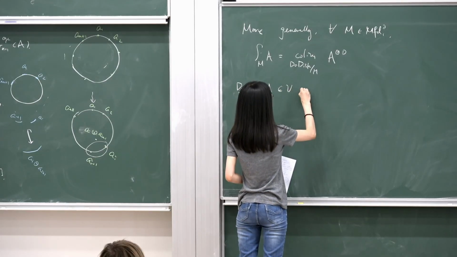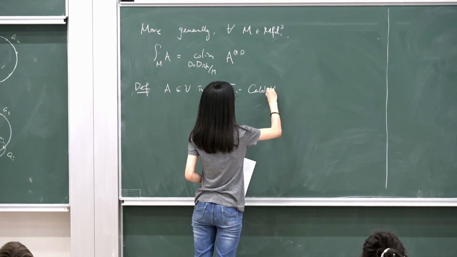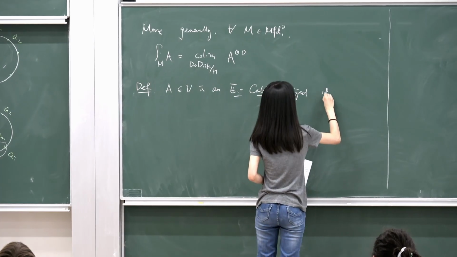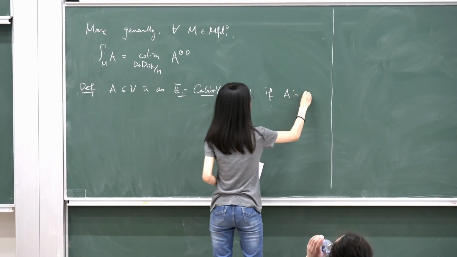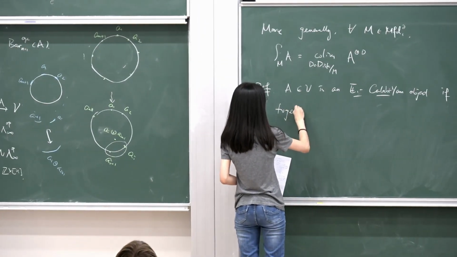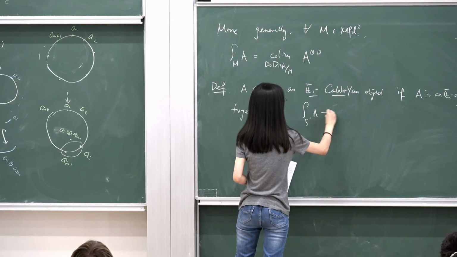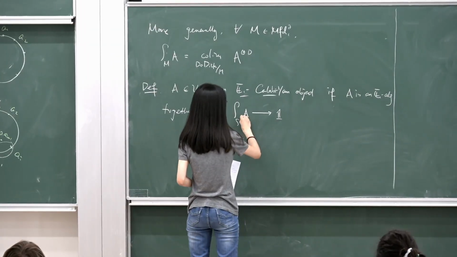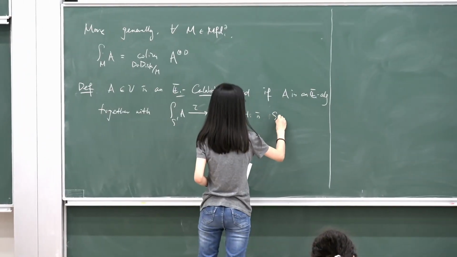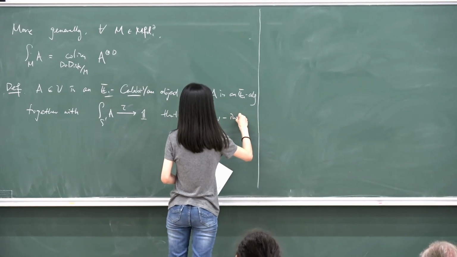A in V is an E1 Calabi-Yau object if A is an E1 algebra together with a certain trace that goes from the factorization homology of A to the modular unit, let's call it tau, that is invariant under the SO2 action on the factorization homology, which is the circle action on the manifold.